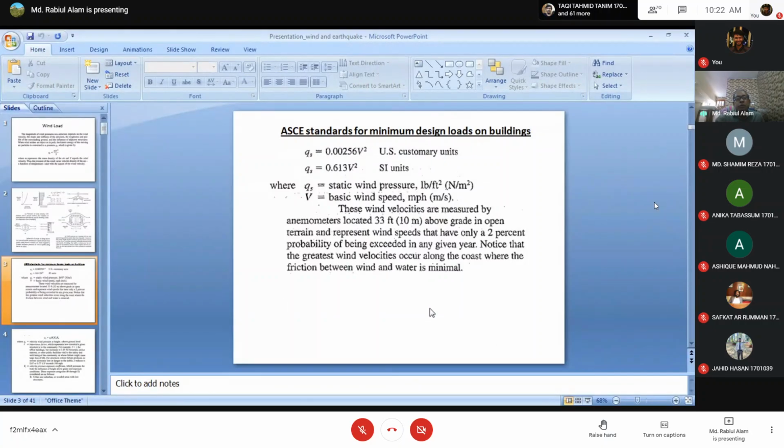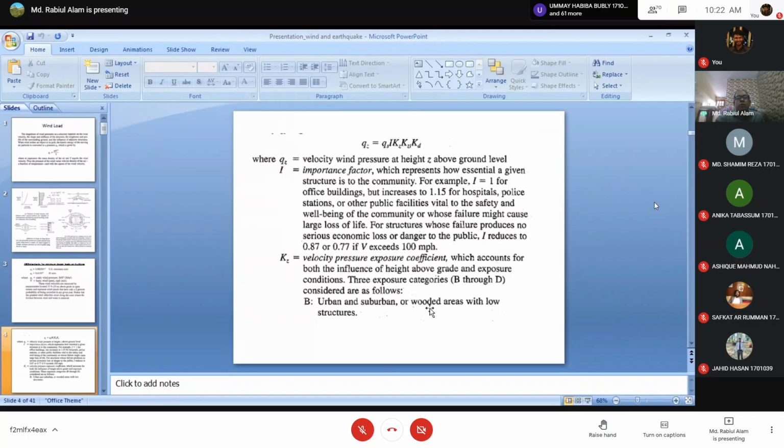That we will see in these equations. This equation considers all these factors, such as the structural importance factor, velocity pressure, and exposure coefficient, which I discussed in the last classes. Finally, once you know the static wind pressure, you have to calculate wind pressure at different heights, and that can be calculated using this relation here.